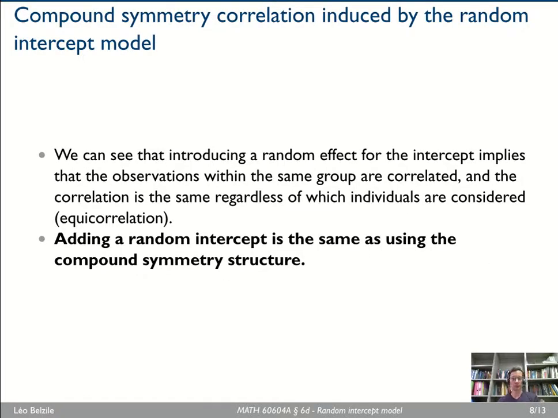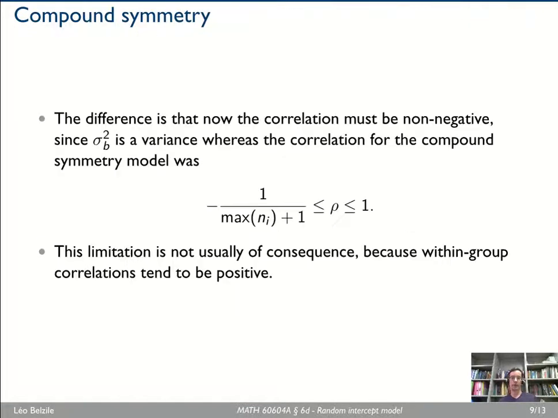But if you put a random intercept with groups, that adds a compound symmetry somehow to the model. The slight difference here is because we're assuming these are random effects. The sigma square b, as the square indicates, is a variance, and this parameter has to be positive, whereas before, the correlation could have been slightly negative.